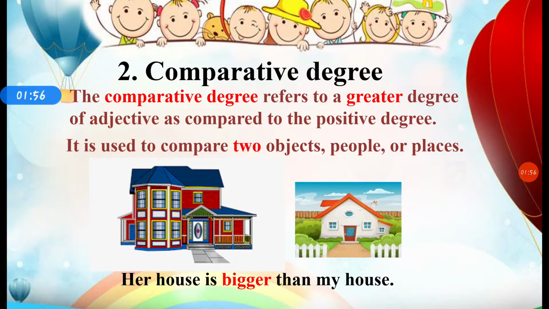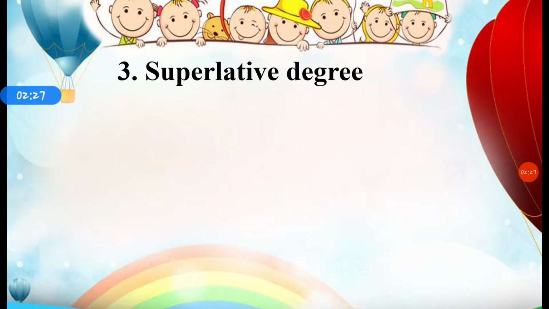Her house is bigger than my house. On the left side, the picture shows the bigger house, and on the right side, it shows the smaller one. So we can compare these two houses as her house is bigger than my house. So here bigger is the adjective of comparison and it is comparative degree.